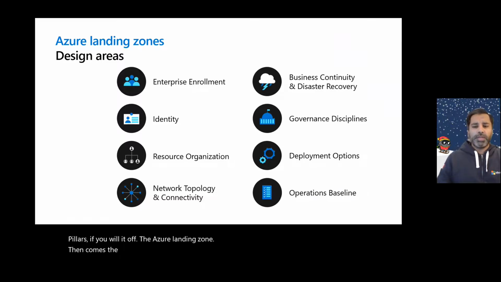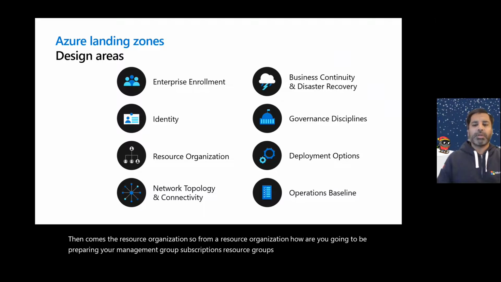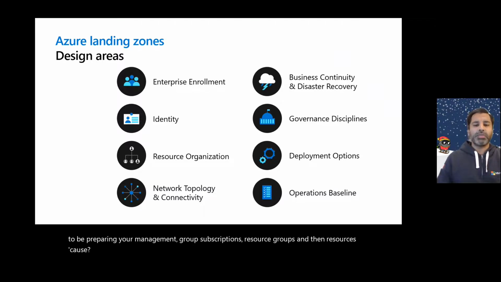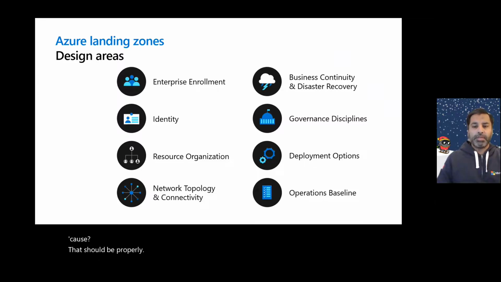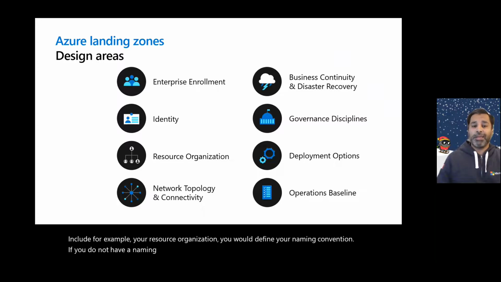Then comes the resource organization. So from a resource organization, how are you going to be preparing your management groups, subscriptions, resource groups, and then resources? Because that should be properly planned, because for example, in your resource organization, you would define your naming convention. If you do not have a naming convention defined right off the bat, it's going to be hard to change.